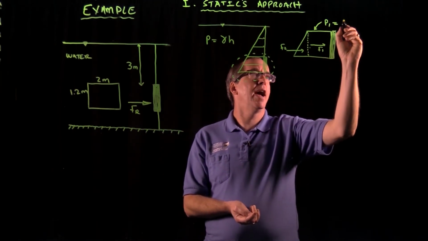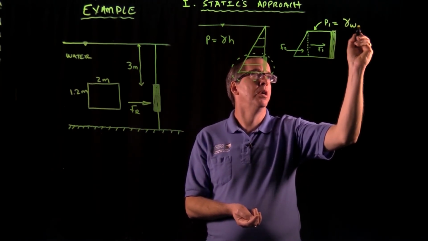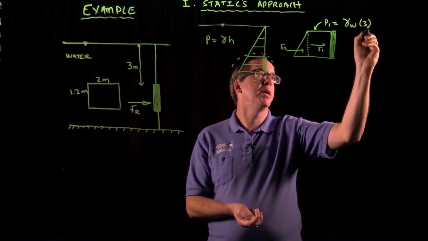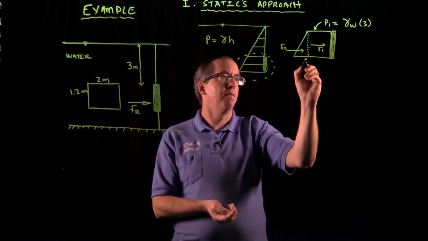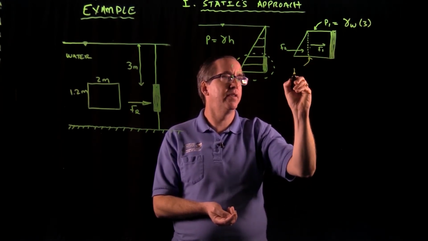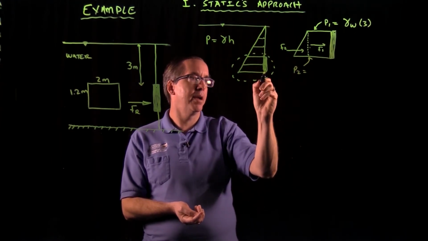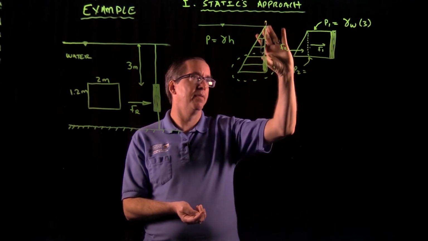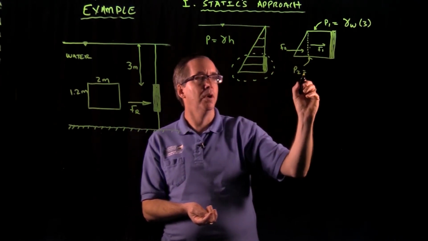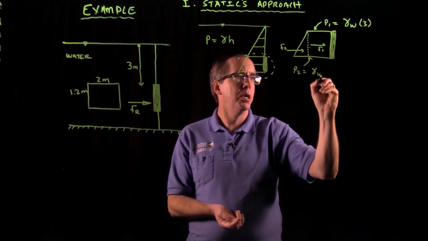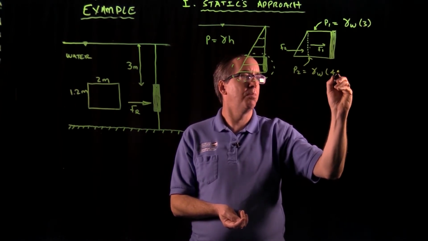So we're going to have the specific weight of water at the depth of 3. For the pressure down here, it's a similar calculation, but in this particular case, at the bottom of this surface, we're at a depth of 3 plus 1.2. So we have gamma water times the total depth of 4.2.